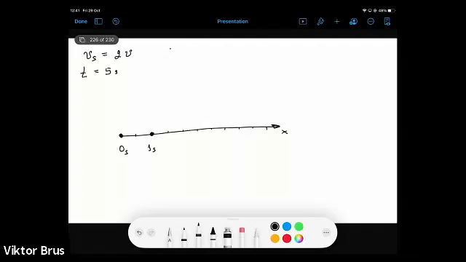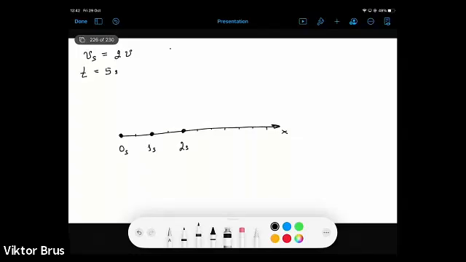Because we have two intervals, since the speed of the sound source, this supersonic plane, is twice higher than the speed of sound, then consequently at 2 seconds, it will be here.